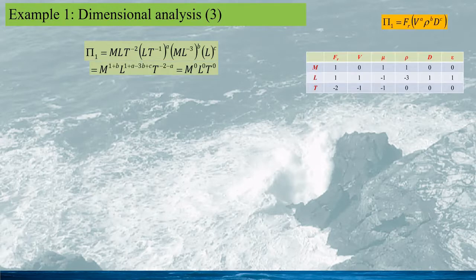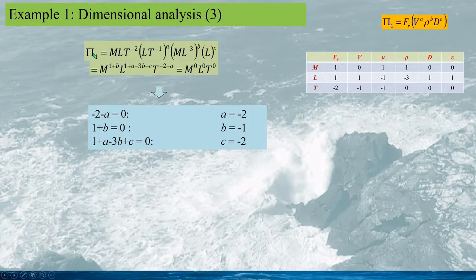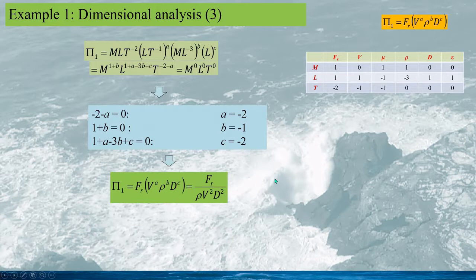We can make a dimensional analysis by grouping all the base units together like this. The variable dimensions in this table are used. To make the constructed parameter pi1 non-dimensional, we can have equations like this. So we solve for the numbers a, b, and c. Thus, we have the non-dimensional parameter pi1 like this.